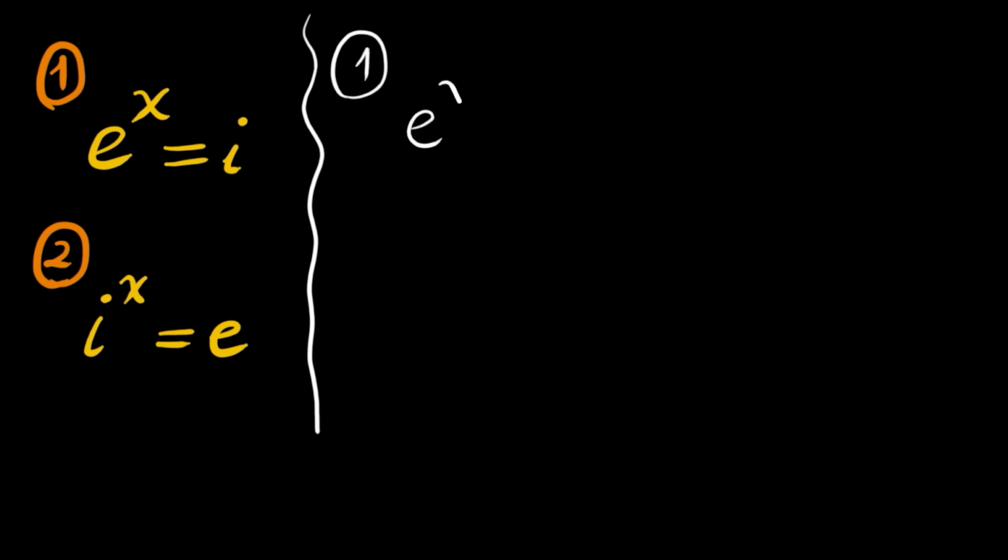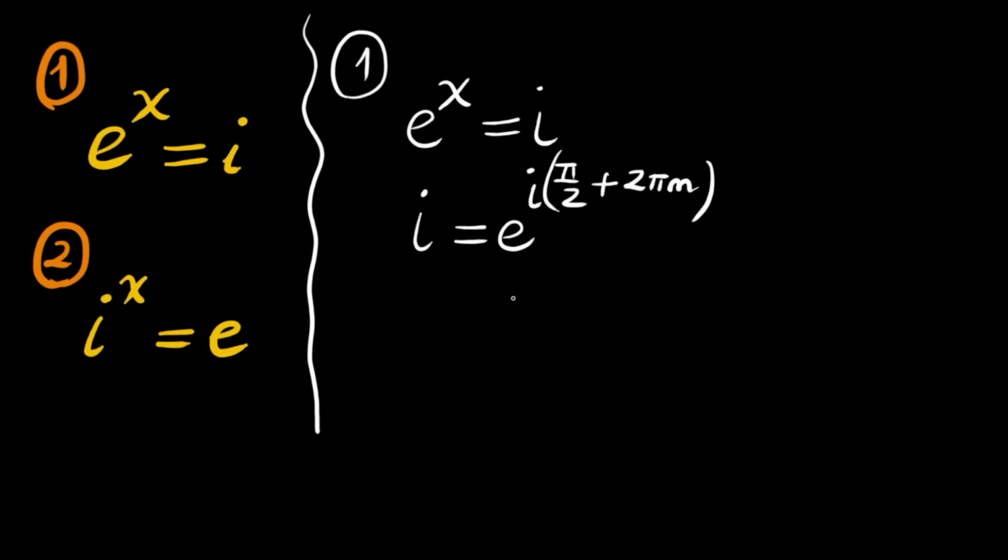We have e to the power of x is equal to i, and we know i is equal to e to the power of i pi over 2, or more generally pi over 2 plus 2 pi m. Let me show you shortly.